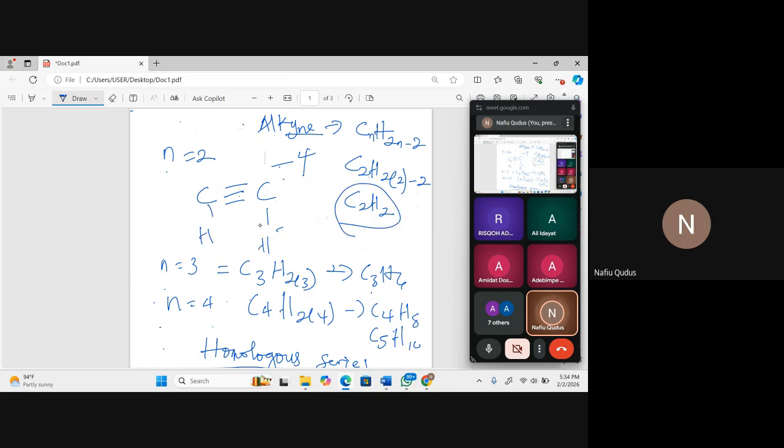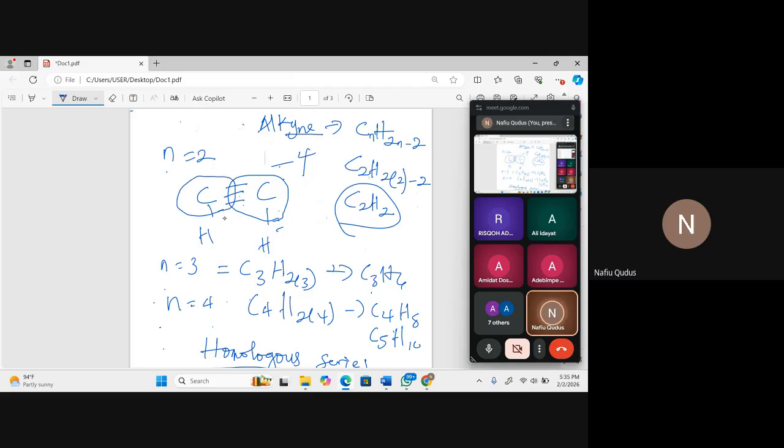And we said the bonds that must surround the carbon must be 4, right? This carbon is surrounded by how many bonds? 1, 2, 3, 4, right? Complete. This one as well is surrounded by 4 bonds.